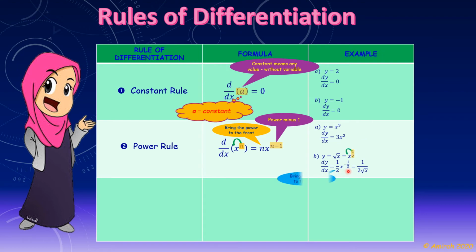What we do is we move the power to the front, and at the same time we subtract 1 from half, then it becomes negative half. After that, we can move x to the power of negative half down, and it becomes square root of x. So the final answer is 1 over 2 square root of x.